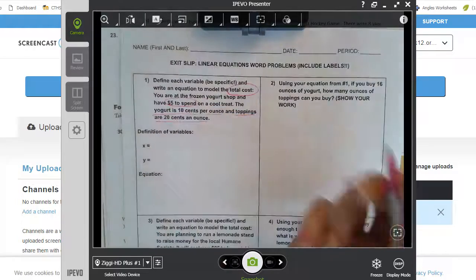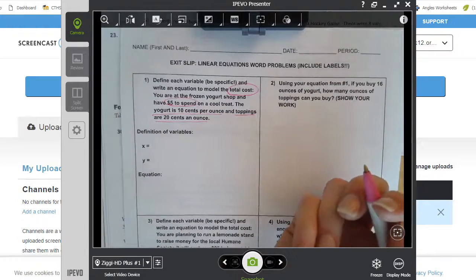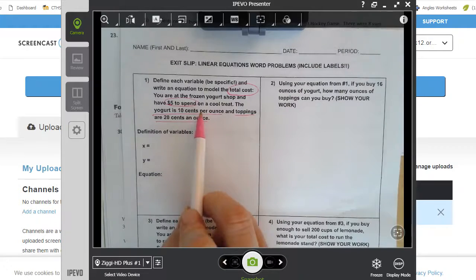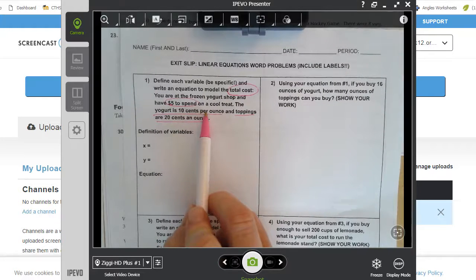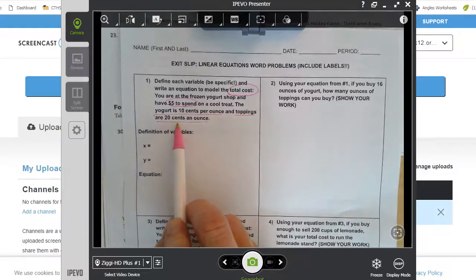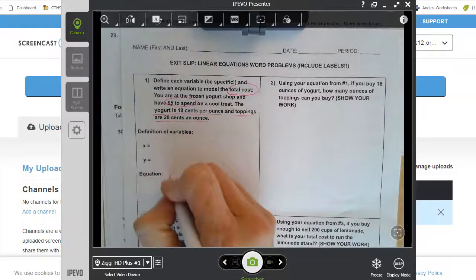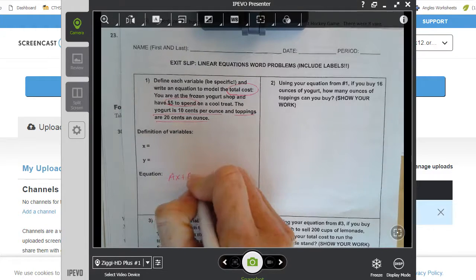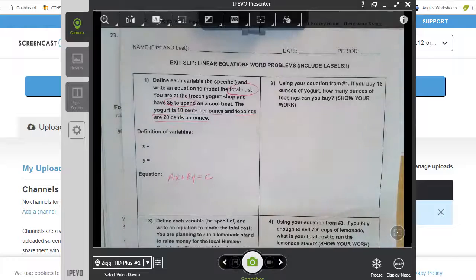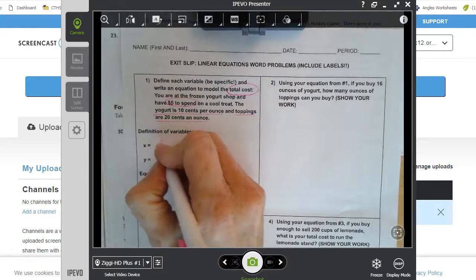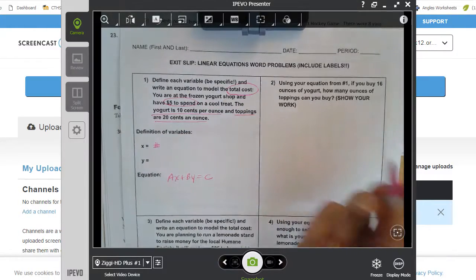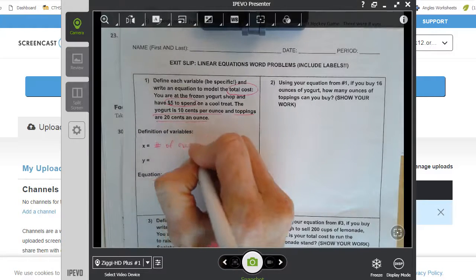Okay. So what I'm noticing about this situation is I have a rate per ounce of yogurt and a rate per ounce of toppings. I'm seeing this as a standard form situation. I'm going to define X to be the number of ounces of yogurt.